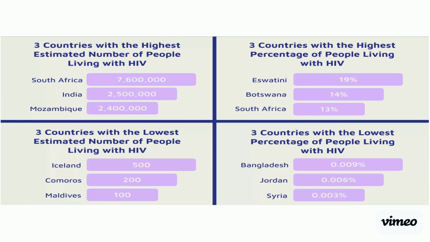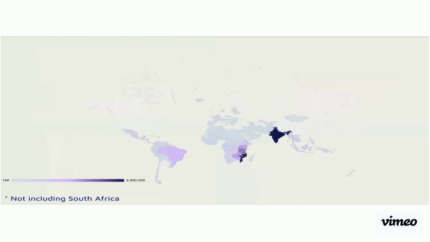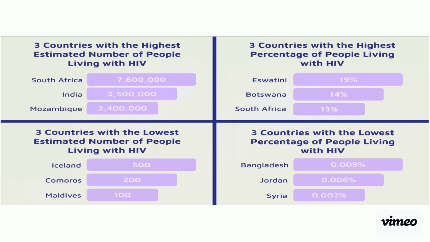You can see that South Africa, India, Mozambique, and that's kind of obvious if you go back to the maps, the hotspot in South Africa, and then taking South Africa out, you can see Mozambique and India are the next 2 highest places.